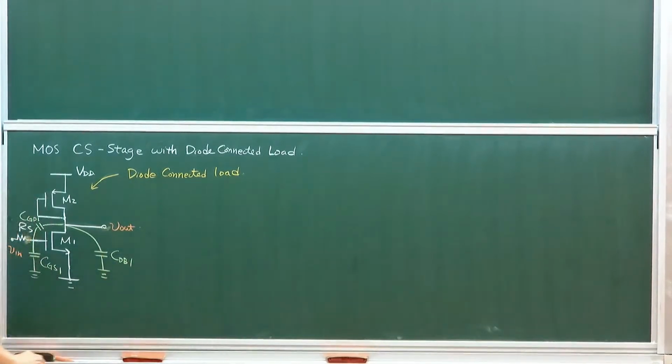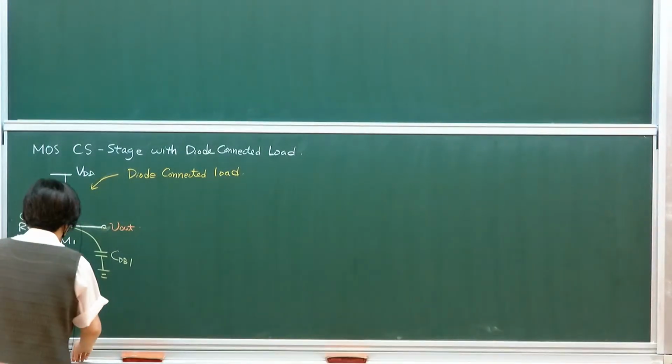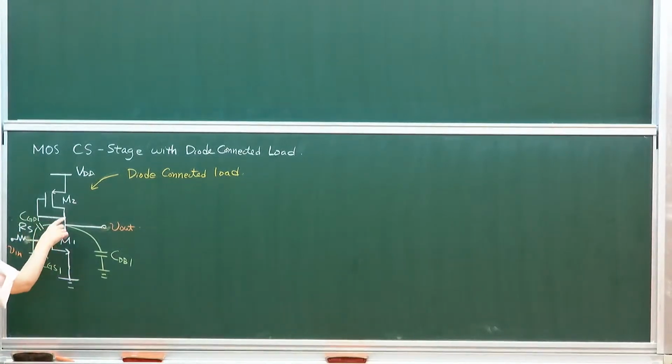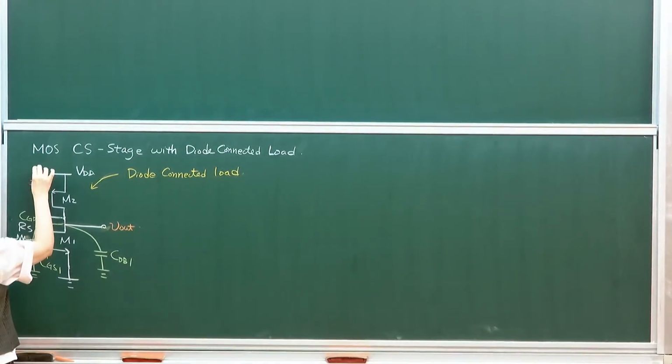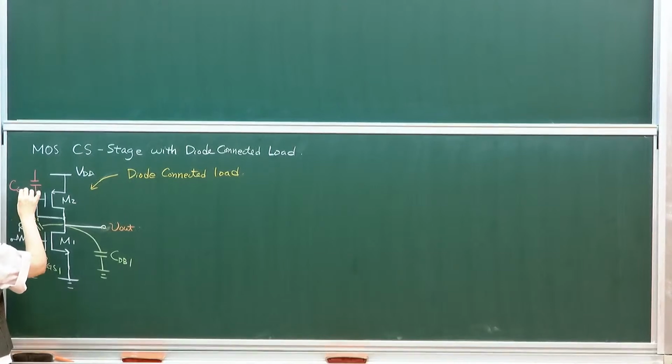That's from transistor number 1, and that will come into play in your circuit. Then let's look at transistor number 2. For this case, you don't have a CGD because my gate and drain are shorted. But from this terminal, you actually see a CGS2.